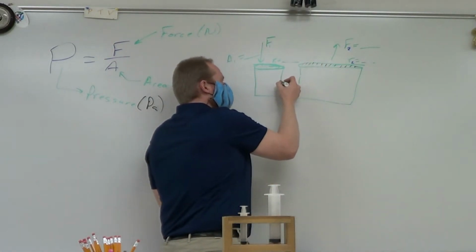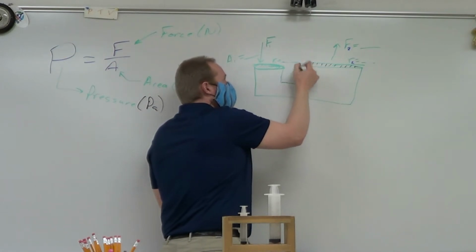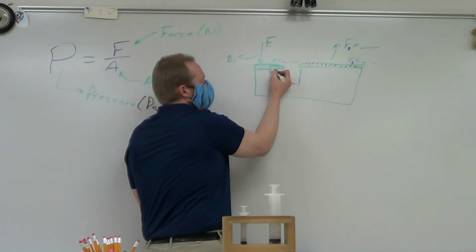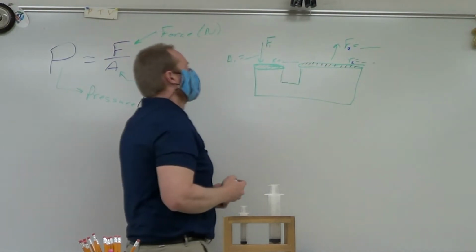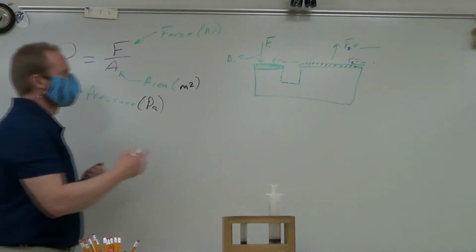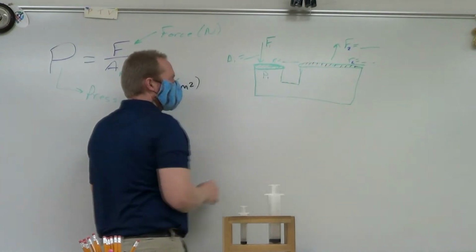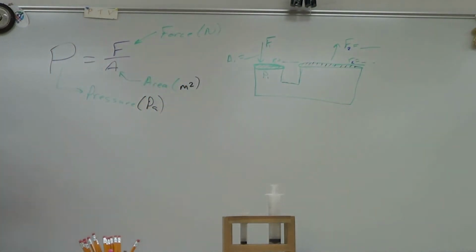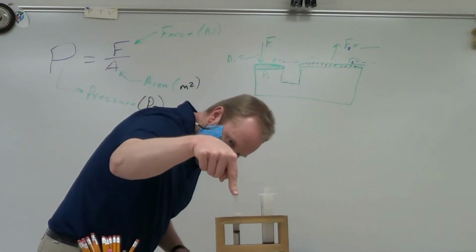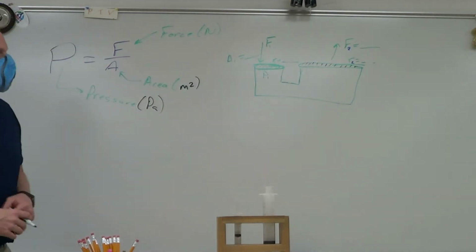Now the reason for that is because when I exert a force over some area, and that's kind of cross hashed, I create some pressure. If we're calling it F1 and R1 and A1, we're going to create a P1. We're going to create some amount of pressure in this cylinder right here in the liquid. So by me pushing like that, I'm creating some amount of pressure.